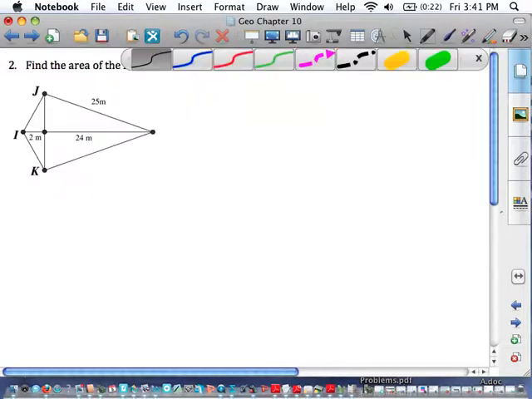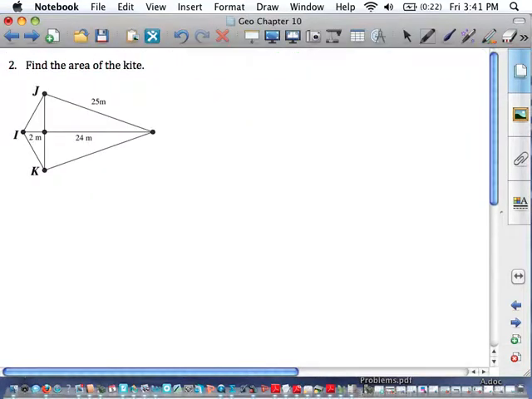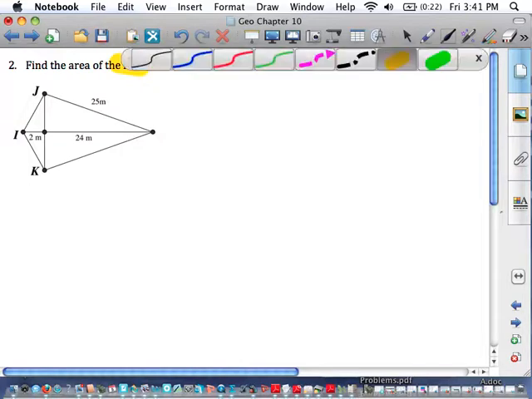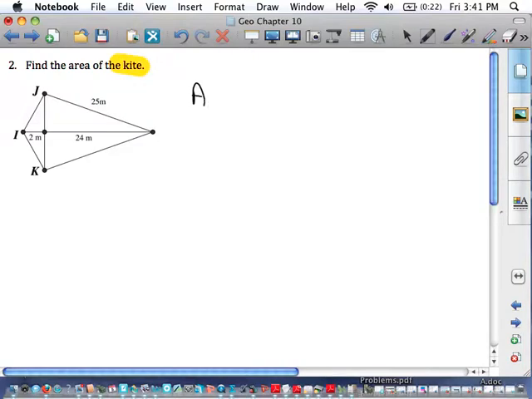Question number 2, you are given that this is a kite and asked to find the area. So to find the area of a kite, we know the area is equal to 1/2 diagonal 1 times diagonal 2.